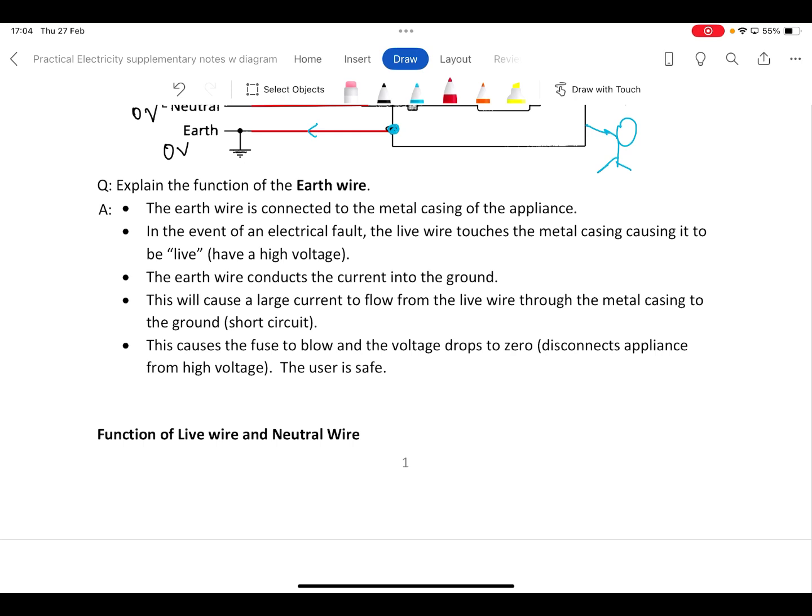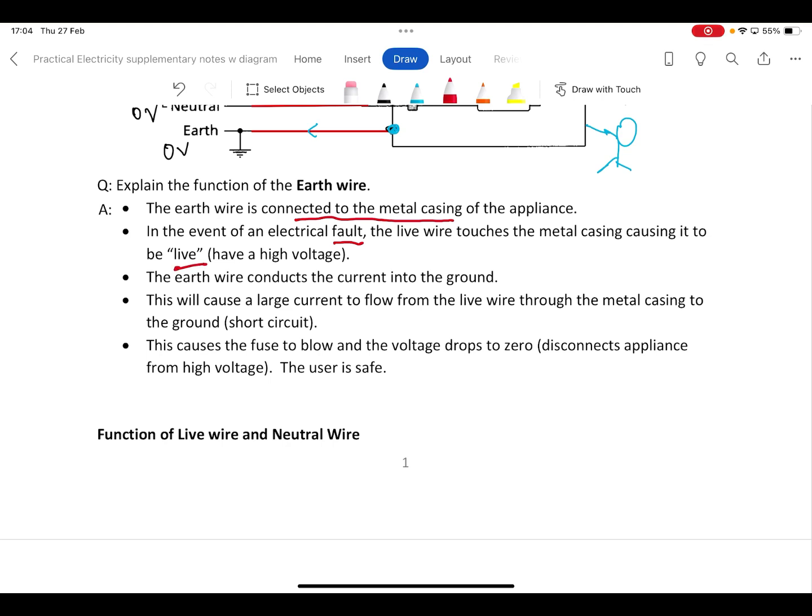Right, so the text over here, you just highlight the keywords. Always remember that the earth wire is connected to the metal casing. In the event of electrical fault, please don't say in the event of live short circuit. Short circuit is not the same as electrical fault. Electrical fault is when a live wire touches the metal casing, causing it to be live.